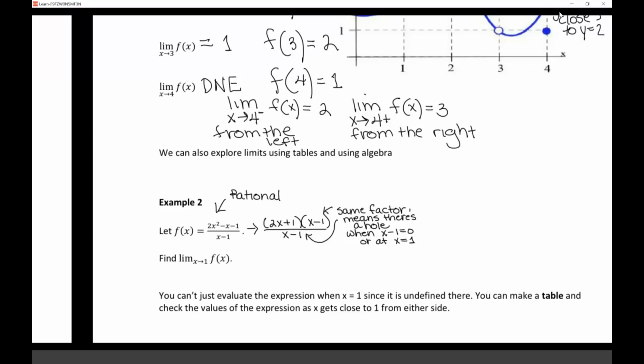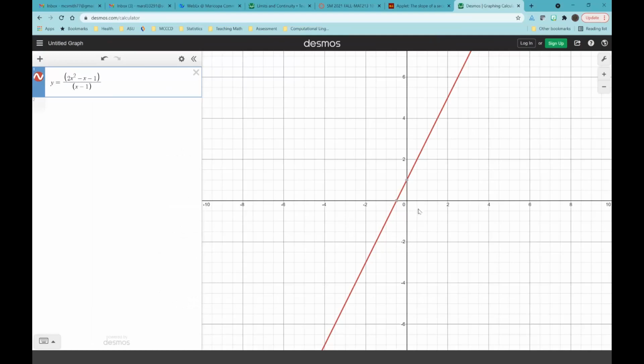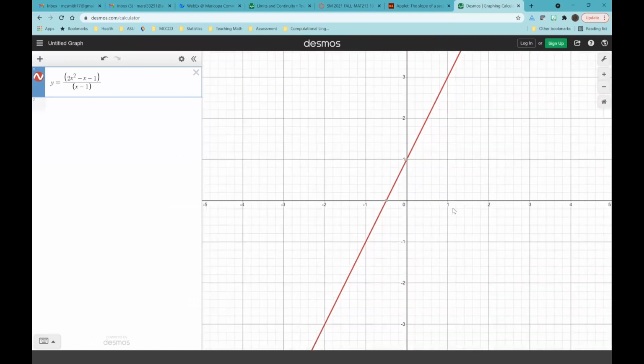Again, forgive me, I'm going to go back to Desmos briefly. The hole would be at x equals 1, which unfortunately they're not showing on the graph, but if I zoom in, maybe they will. Yeah, here we go. So here's x equals 1. If I go up here, what do you see as the y value? It says undefined. It's hard for me to hover on it and get exactly there.